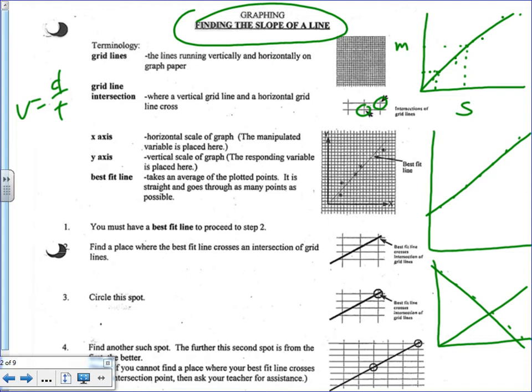That way its slope is negative, just like what your points are doing. Because this is saying that as your manipulated variable gets bigger, your responding variable is getting smaller. That's a negative slope. I need my line to show that. Everybody follow me there? So the big thing to remember is your best fit line always follows the trend of your points. Make it start wherever it needs to in order to do that.